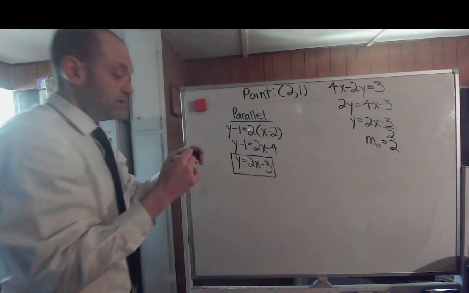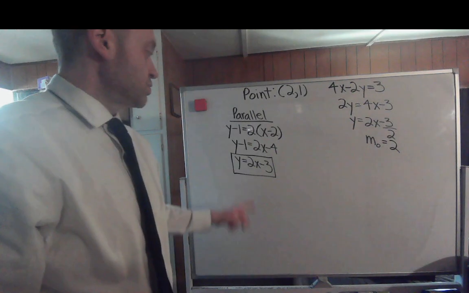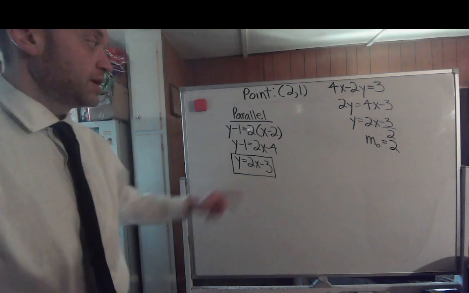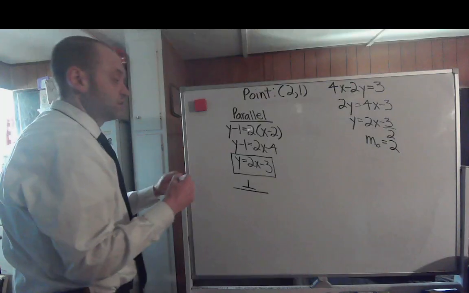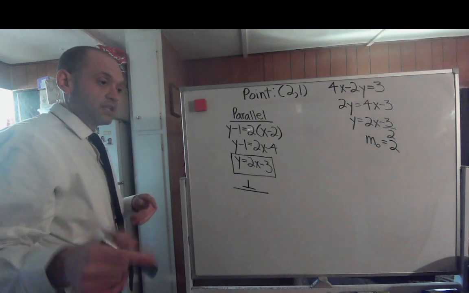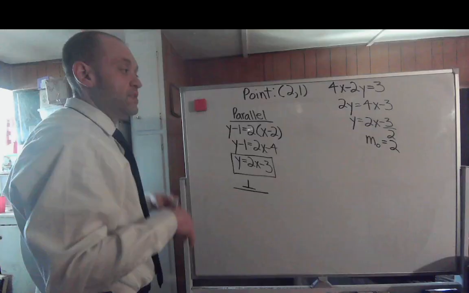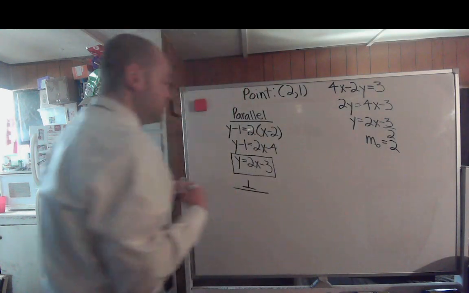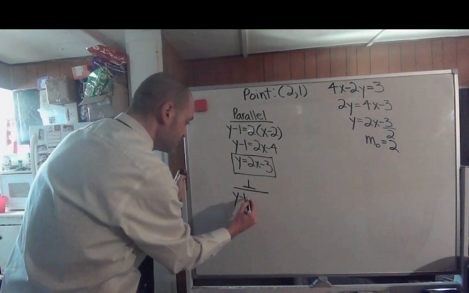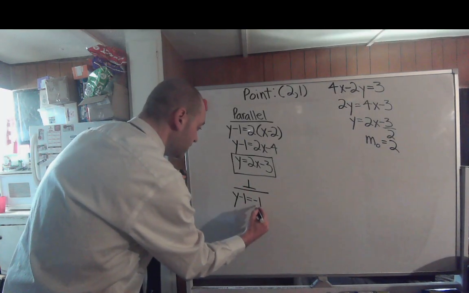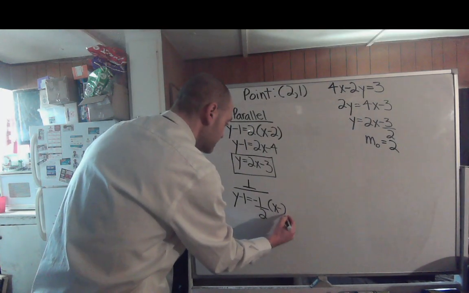So the line parallel to this line going through the point 2, 1 is going to be y equals 2x minus 3. Now what about perpendicular? What if we want to find a perpendicular line? We know that a perpendicular line would have a slope that's the negative reciprocal of the original. The negative reciprocal of 2 is negative 1/2. So take your y minus your y sub 1, which is 1, set that equal to your slope of negative 1/2 times x minus your x sub 1, which would be 2.